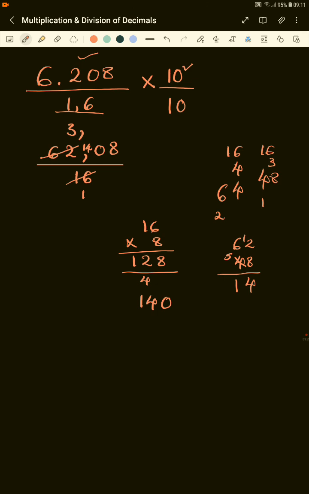So 16 into 140 is 8, remainder what? 140 minus 128 is 12. So we say remainder 12.